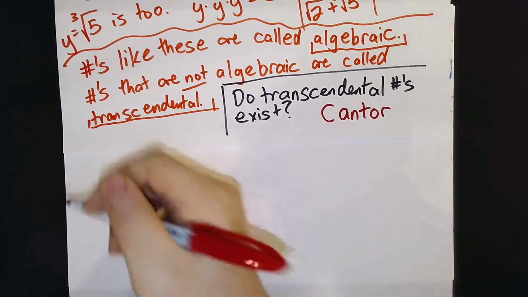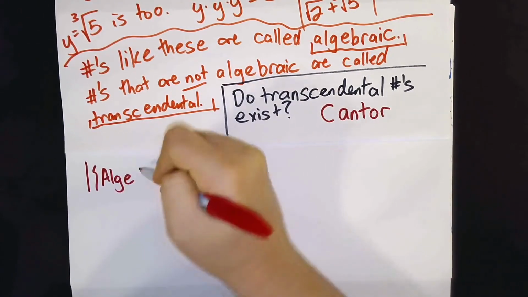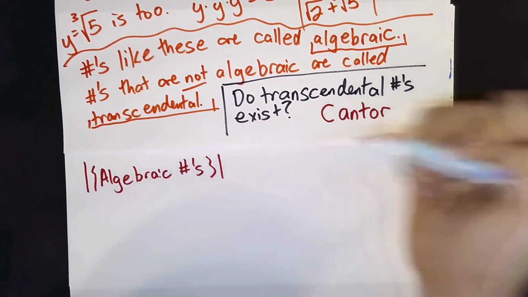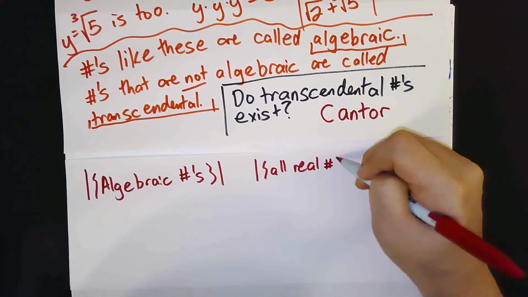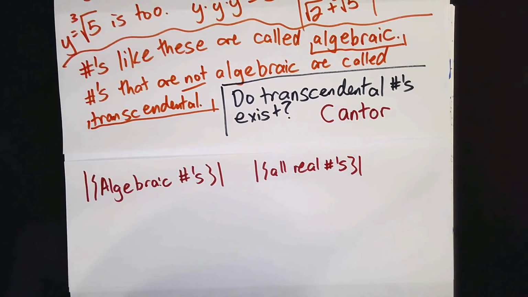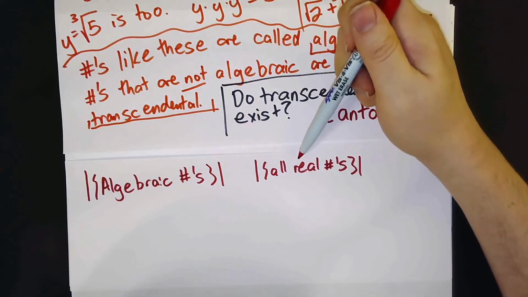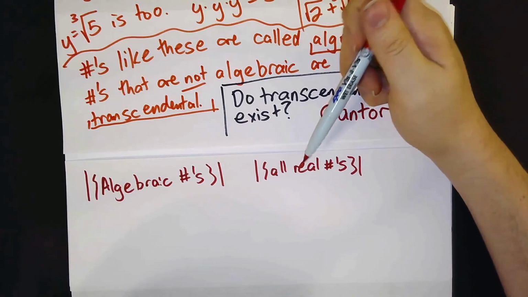And more to the point, what Cantor showed is that if you take the set of just algebraic numbers, and you look at its size, and you compare that to the size of just the set of all real numbers, it turns out these sets aren't the same size. The algebraic numbers are a subset of the real numbers, but they're a proper subset.